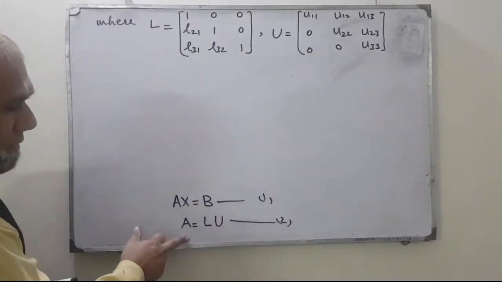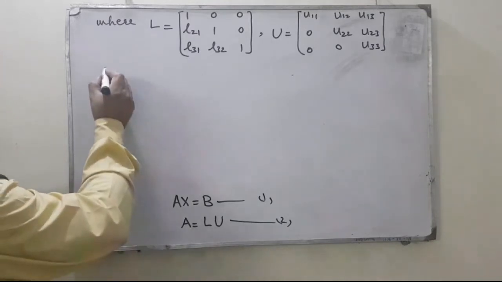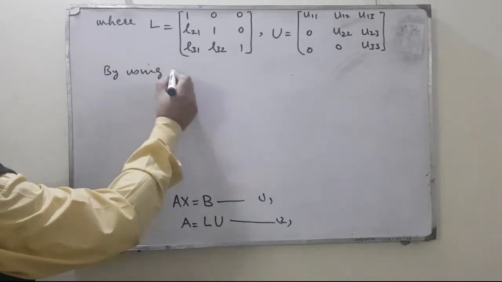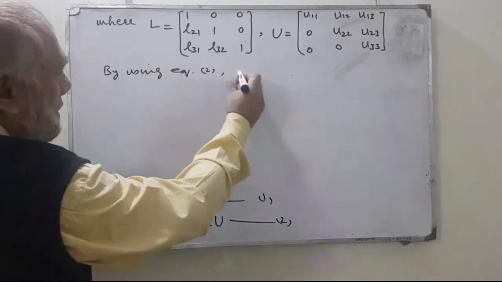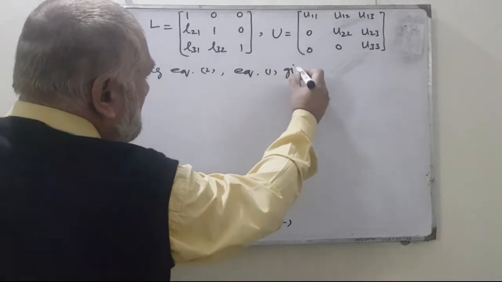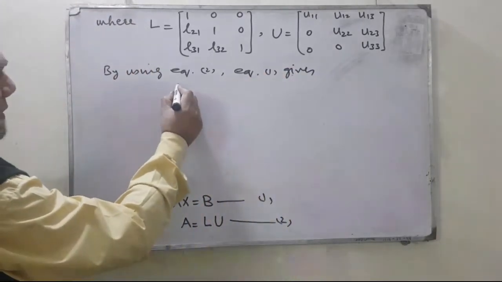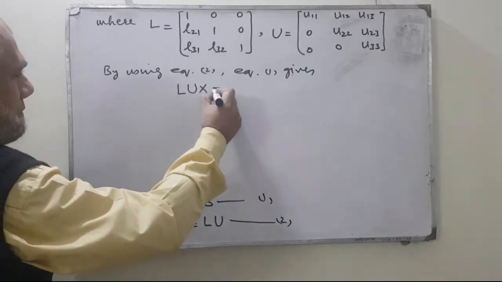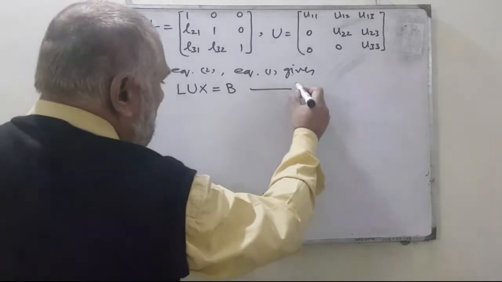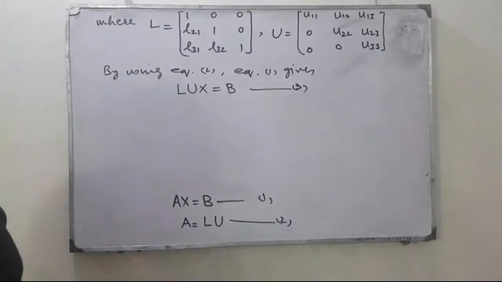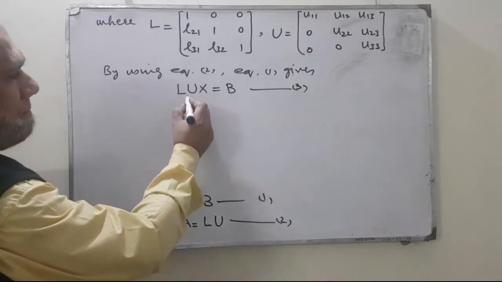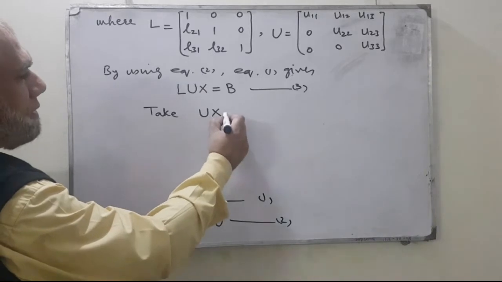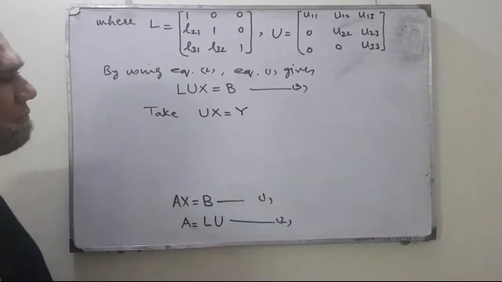On bringing this into equation number 1, by using equation 2, equation 1 gives: A will be replaced by L and U, and X is always there, and the net result is equal to B. Let us call this your equation number 3. Here we make a substitution by taking Ux equal to, say, Y. And what is Y here?